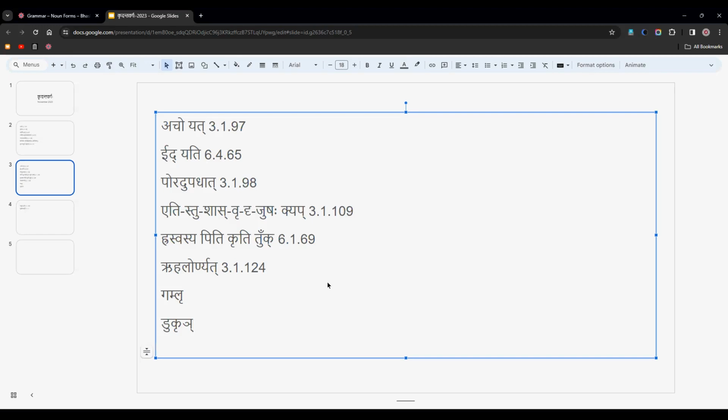These are artificially added so that the sutras in the Ashtadhyayi can work properly to bring these into final form later by using different sutras. To help those sutras, these are artificially added here. So these forms, gamlu, dukri, are called aupadeshika, which are originally in the Dhatu Patha.